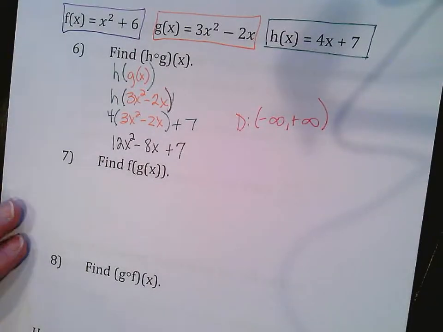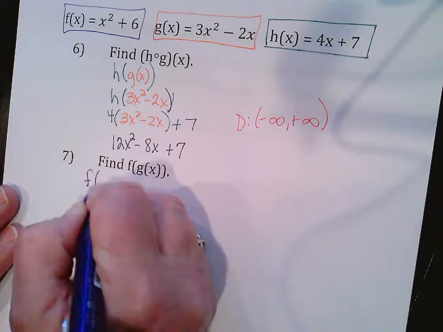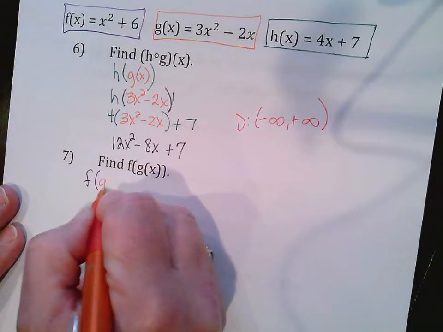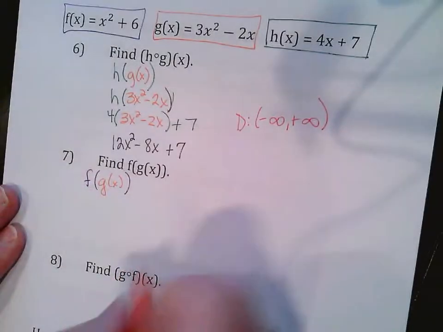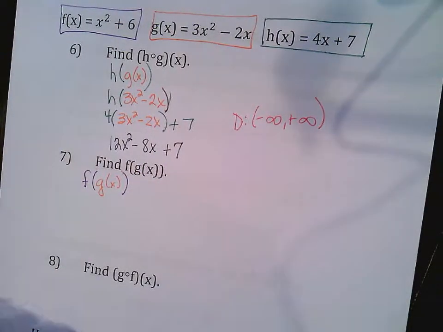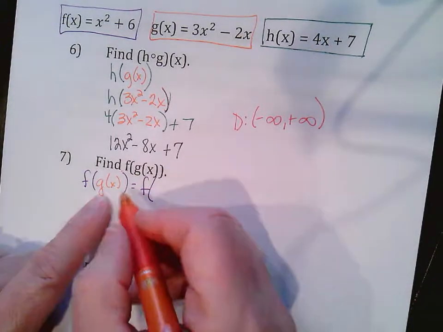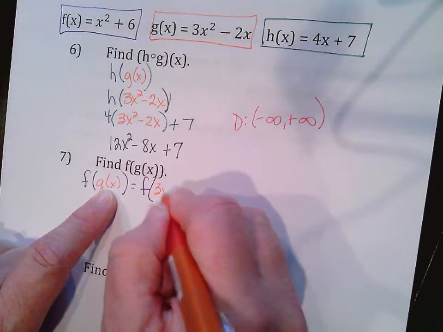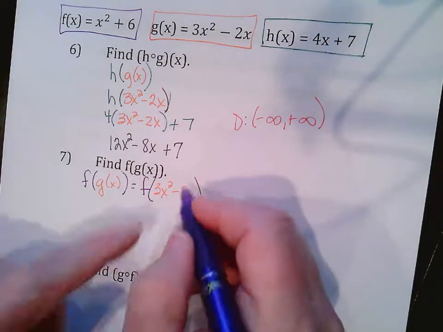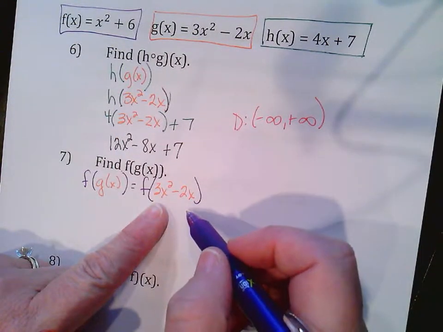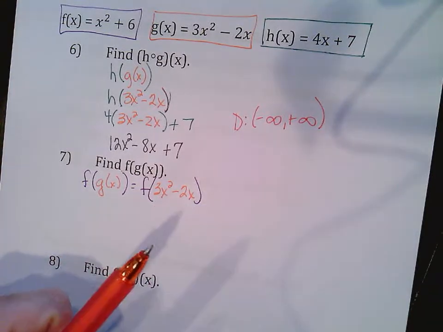So now I've got f of g of x. And so I'm going to take whatever g of x is, and I'm going to put that entire expression in here. So I've got 3x squared minus 2x. This means that wherever there's an x in my f function, I'm going to put that whole expression.